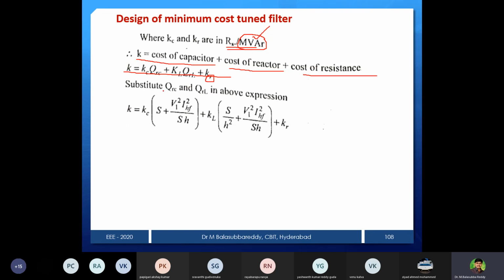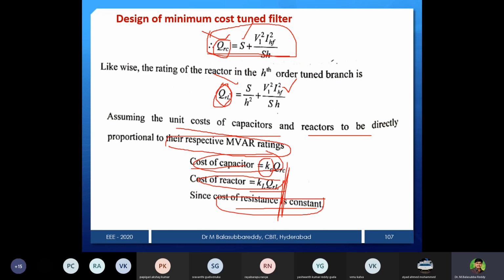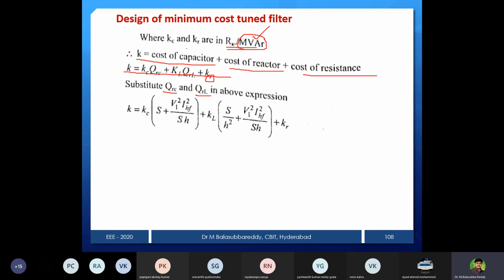Substitute the QRC and QRL values from the previous slide: QRC is S plus V1 square I square by SH, and QRL is S by H square plus V1 square I square by SH. Just substitute these two terms here.